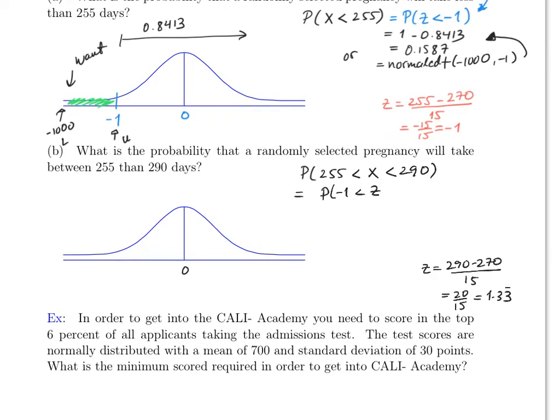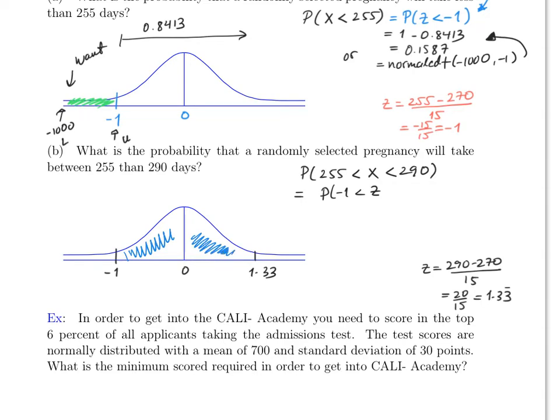So therefore, you want to find the probability that Z is between -1 and 1.33, which means you need to find again two blue areas, this one and this one.